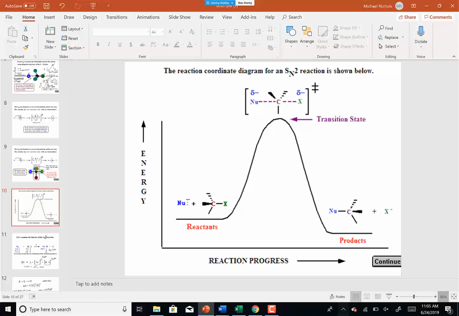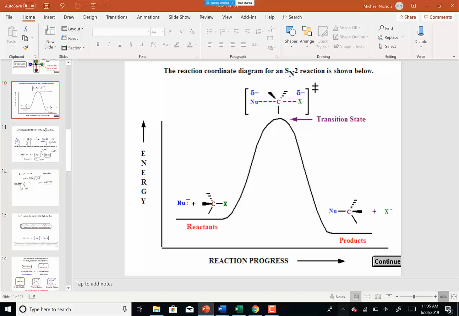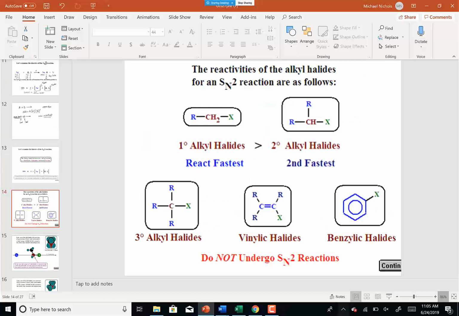The reaction goes by inversion of configuration. And the only other thing that we really have left is to classify alkyl halides and say which ones of these can undergo this reaction, this mechanism.